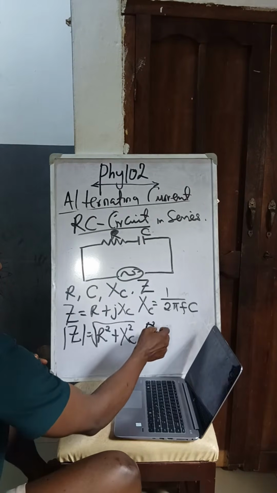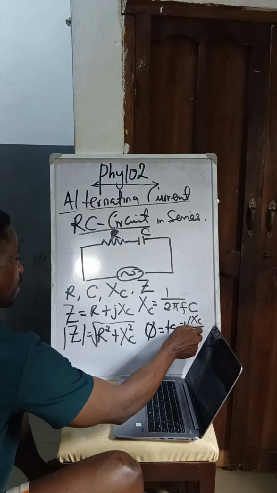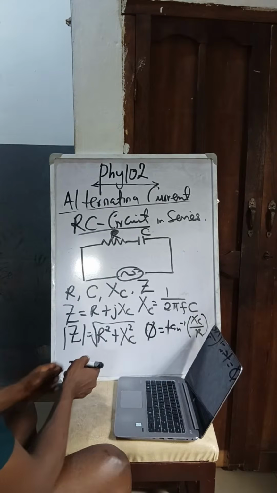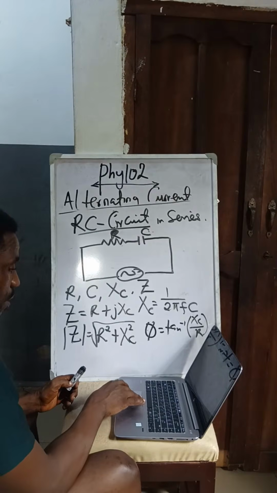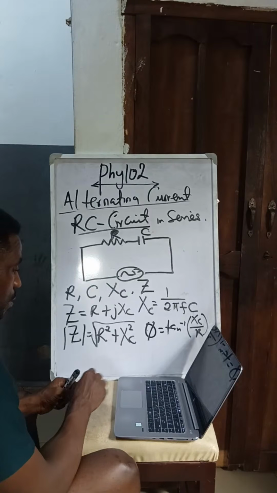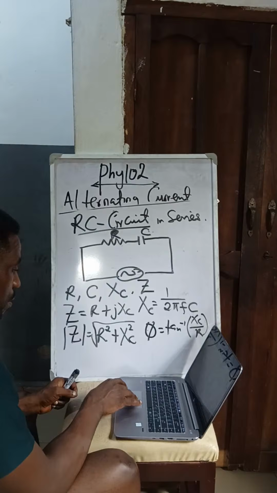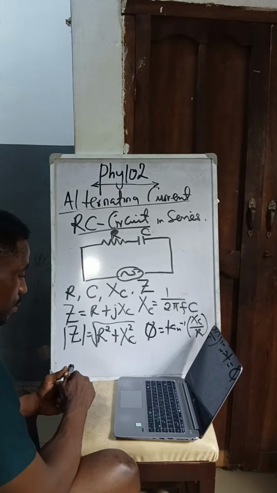So phi is equal to tan inverse of XC all over R. Let us say that you are just asked to find the phase angle difference.